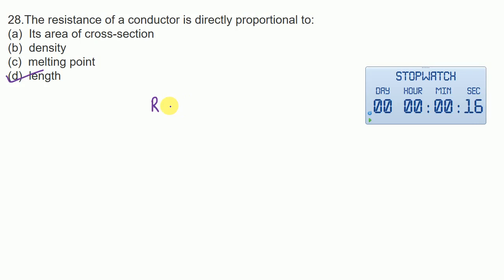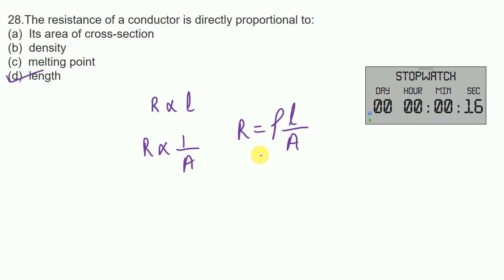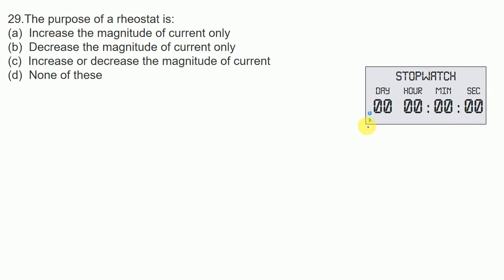Directly proportional to length and inversely proportional to A, and then the formula comes R equal to rho L by A. Clear? Okay, correct option is D. Aren't these questions easy, right? So these will obviously give you confidence. We'll keep on practicing like this.